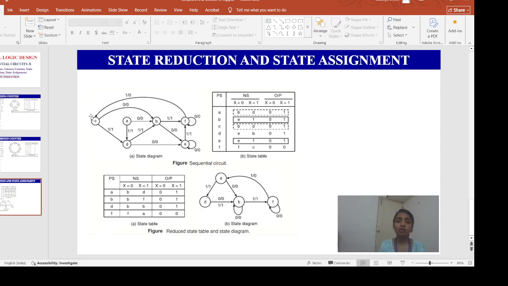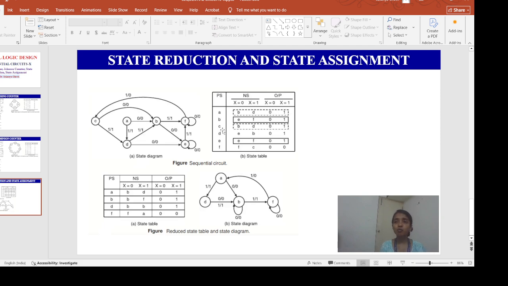Now, once this state diagram is already there, from this state table you can observe that for A and C, the next state and the output combinations are the same.